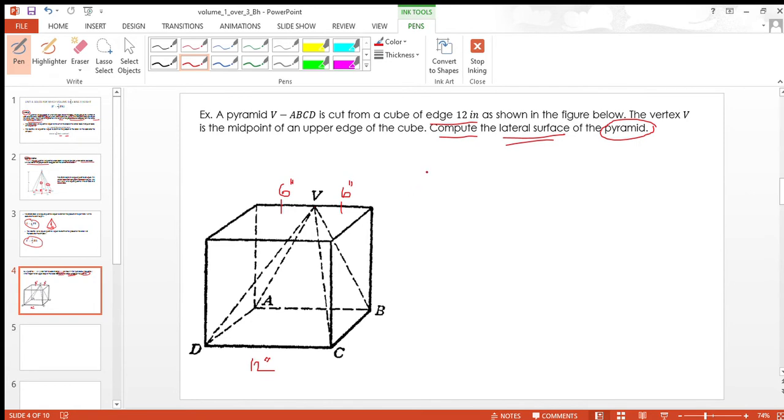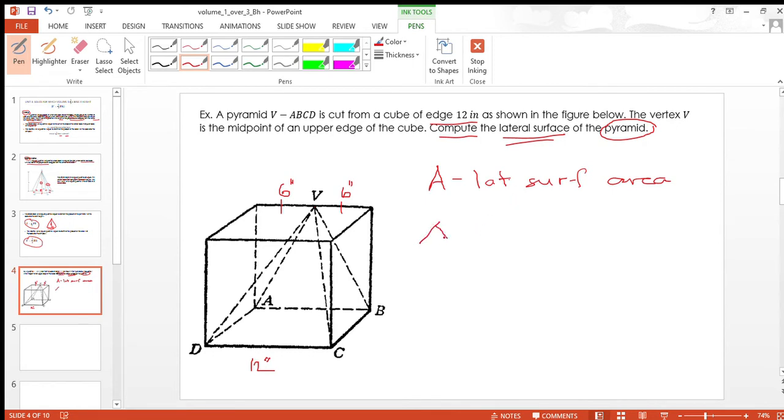Therefore, let A be the lateral surface area of the pyramid.